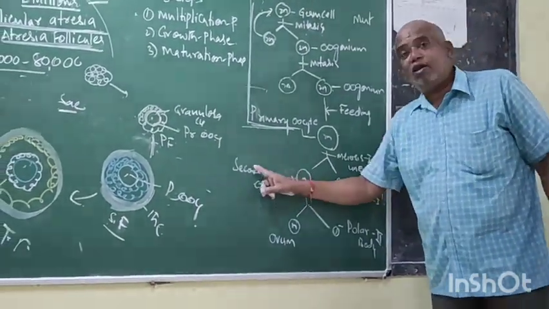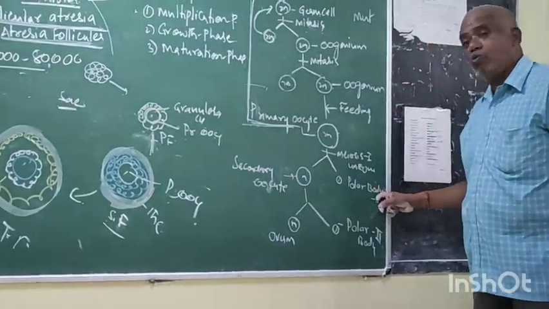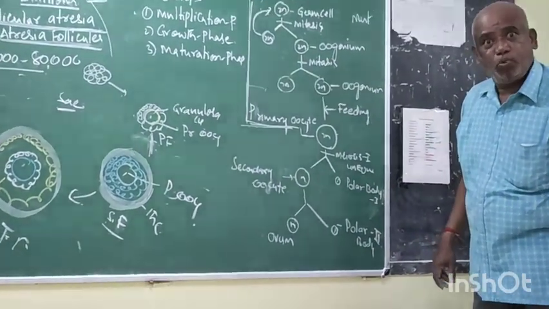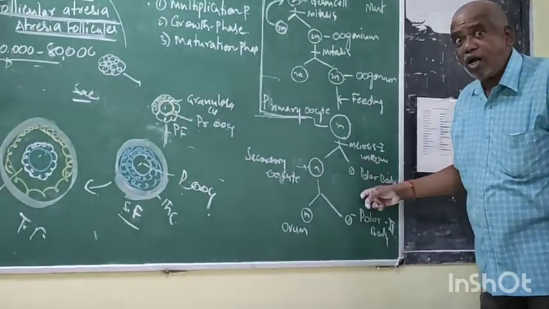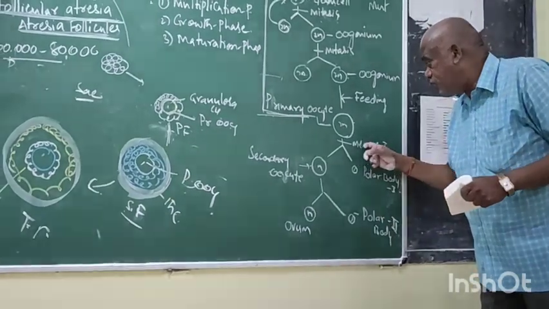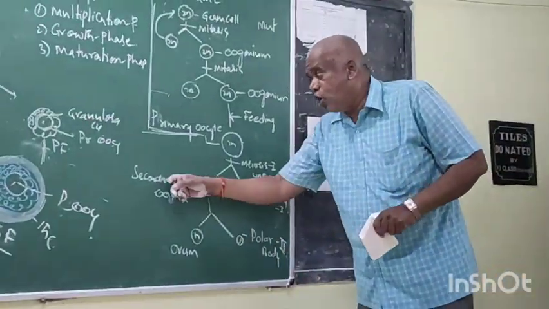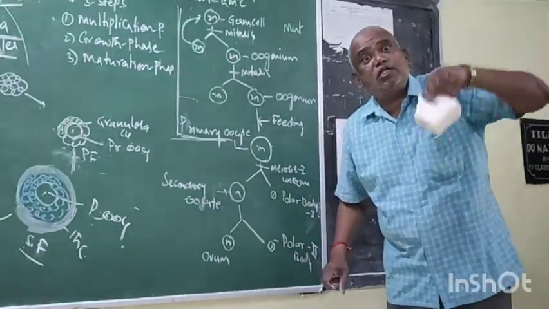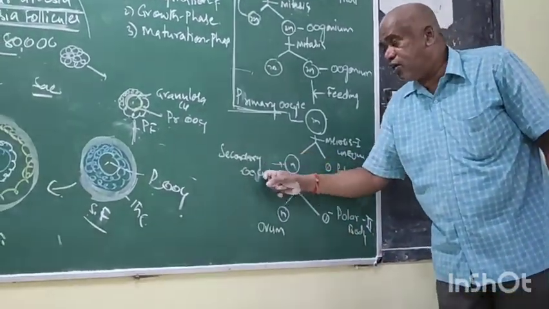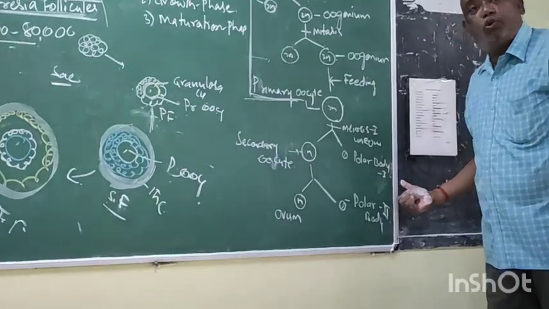The large one is called secondary oocyte. The small one is called polar body. These both are not equal. In spermatogenesis, meiosis 1 is equal, so two secondary spermatocytes will be formed. Here, only one secondary oocyte, and the other one is the polar body.